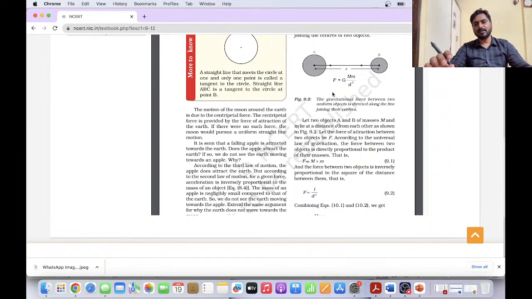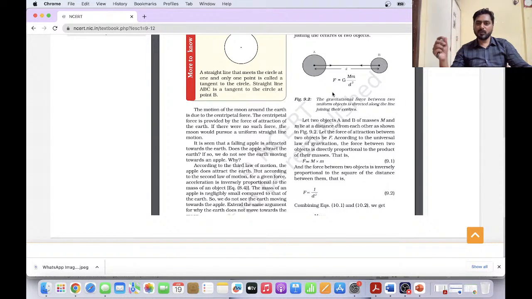What you need to understand in this formula is that it is saying that the more the masses, the more they will pull towards each other. If you take the example of sun and earth, the mass of sun is much more than that of earth.